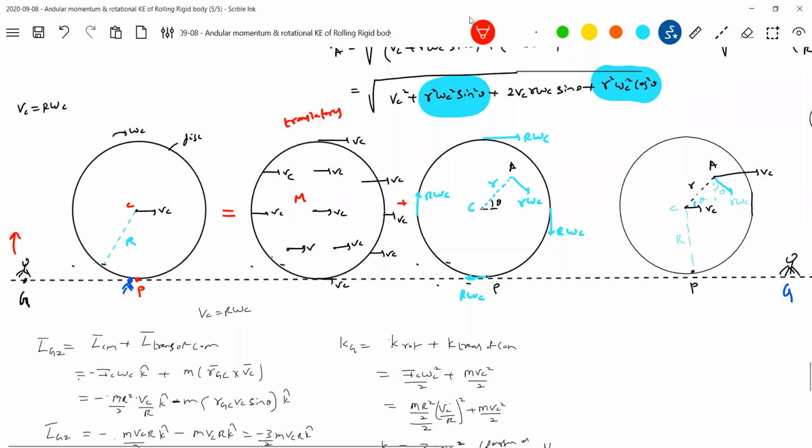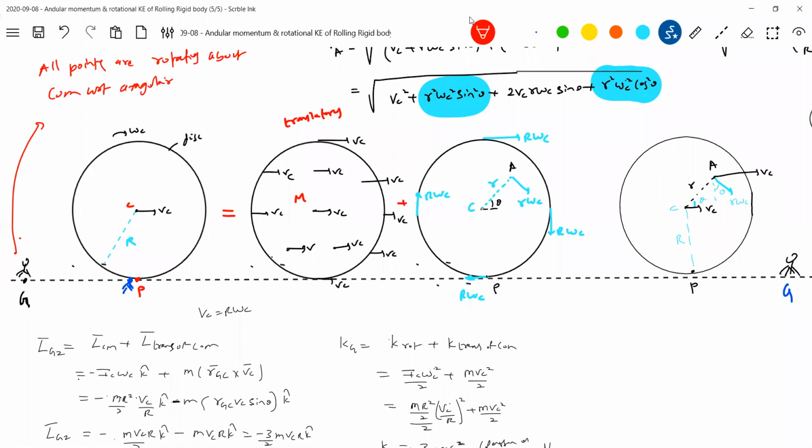That's why, instead of repeating, I'll put it down. Person G says: all points are rotating about the center of mass with angular velocity omega C, and the center of mass is moving horizontally with velocity VC.